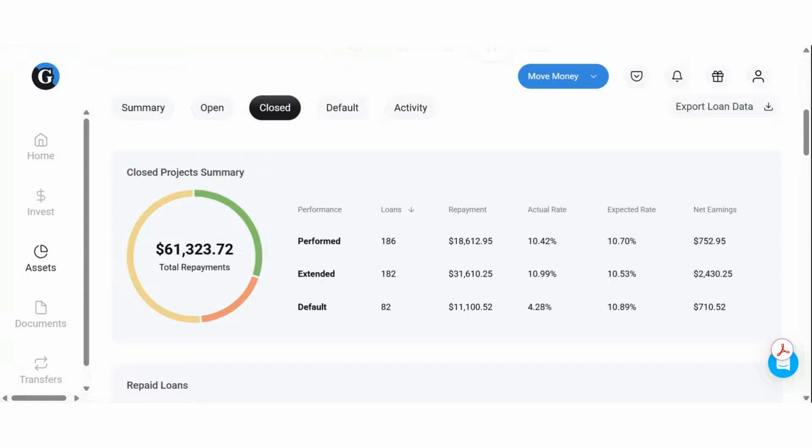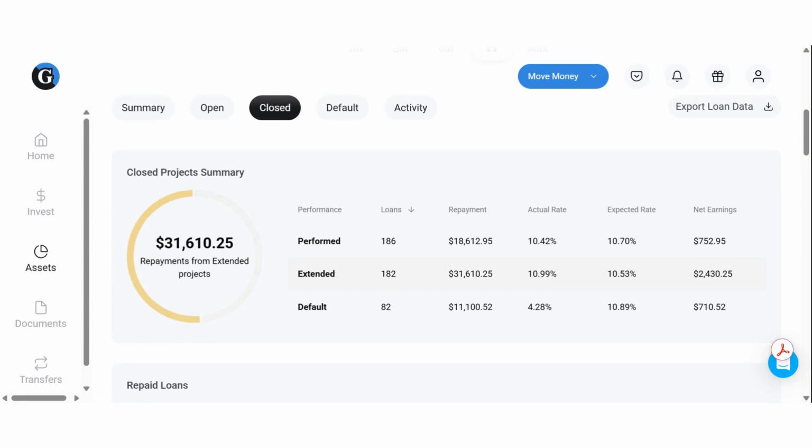Okay, so let's look at my actual personal results from all the loans that I have gotten out of, which are considered closed. Like I said, this adds up to well over 300, and you can see 186 of them performed pretty much as expected, which means I got close to what I was expecting, a 10.7% return. 10.42 is pretty good.